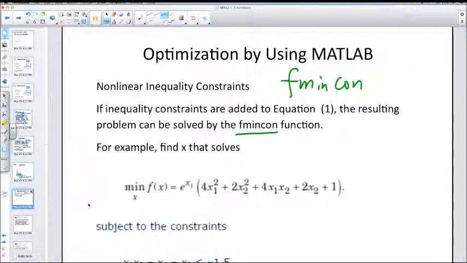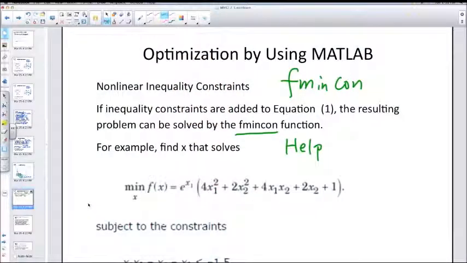Basically, that is the keyword. And to get the detail, you cannot possibly remember everything in this 15 minutes, by the way. You can say help fmincon. You're going to find the help menu, explain all these parameters.